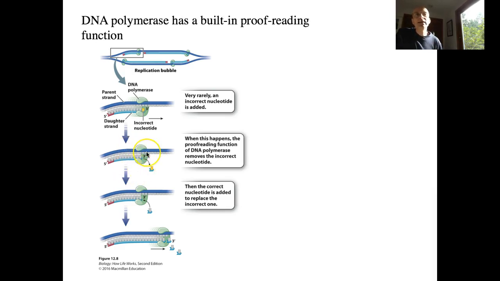That's what it can do in its proofreading capability. So DNA polymerases with a mutation that removes the proofreading capability will just make a bunch of mistakes, and that will lead to a lot of mutations. That can be a big problem if that capability is mutated.